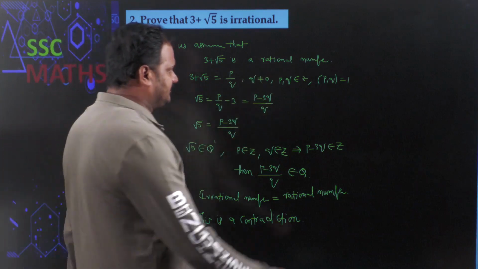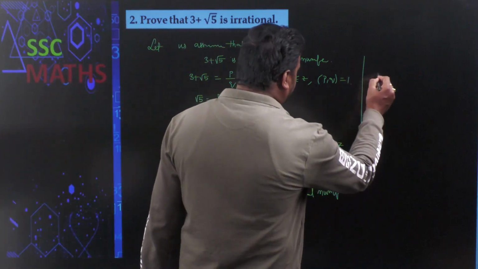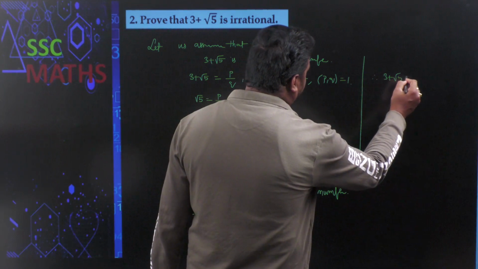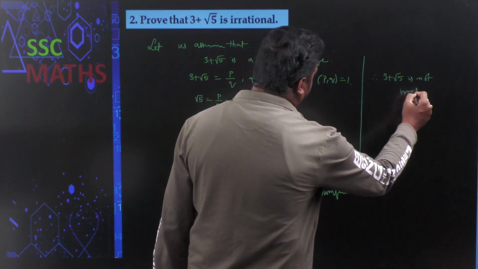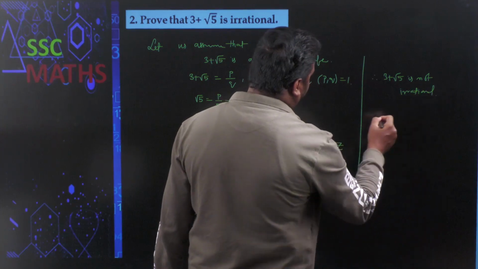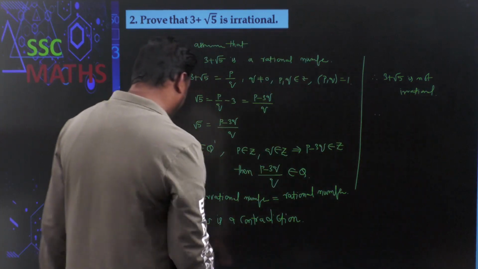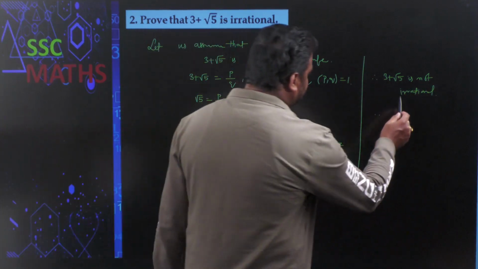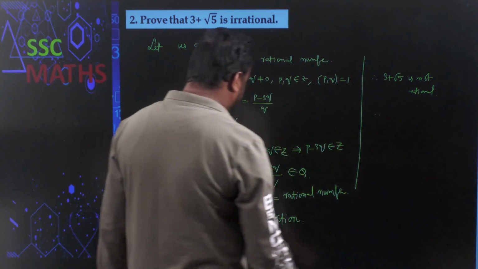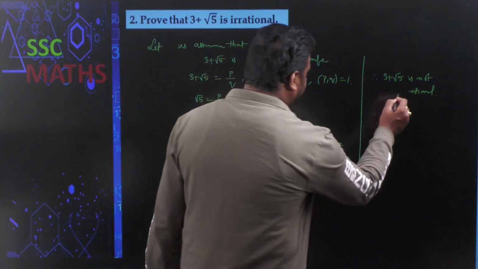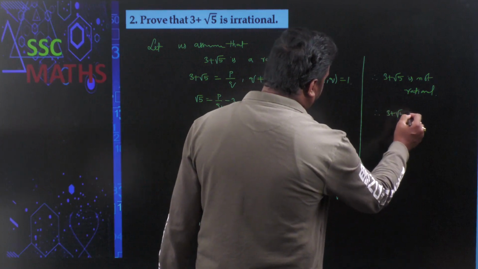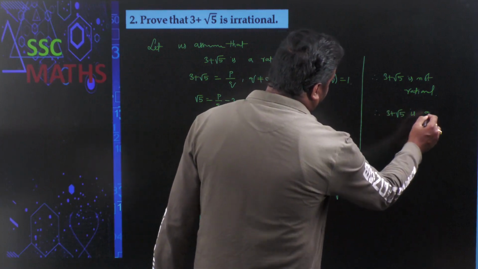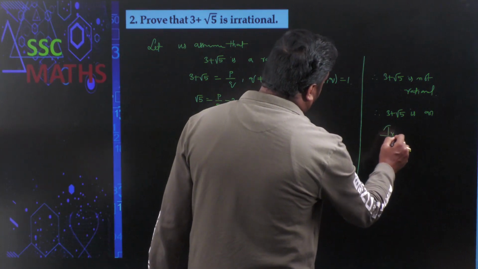Therefore 3 plus root 5 is not rational. Since it is not a rational number, it is an irrational number. Therefore 3 plus root 5 is an irrational number.